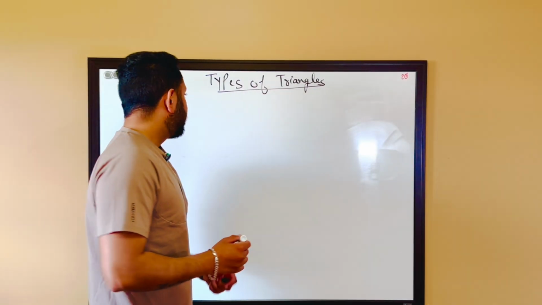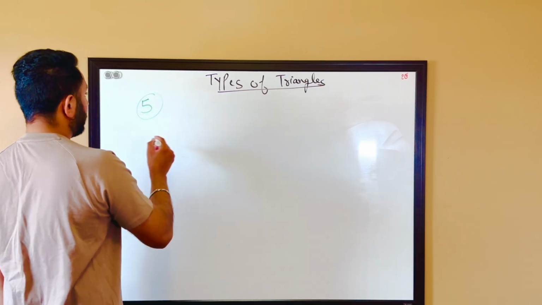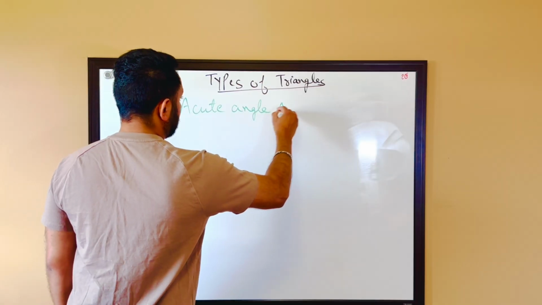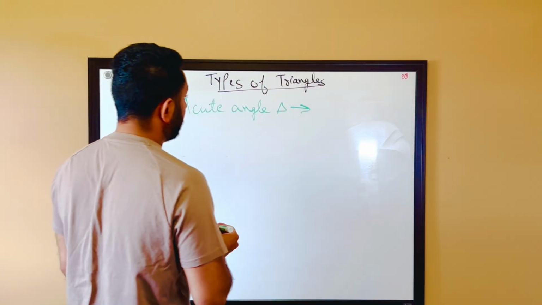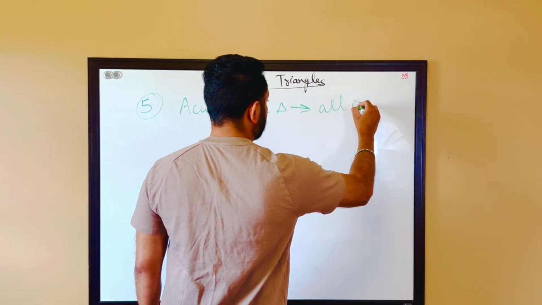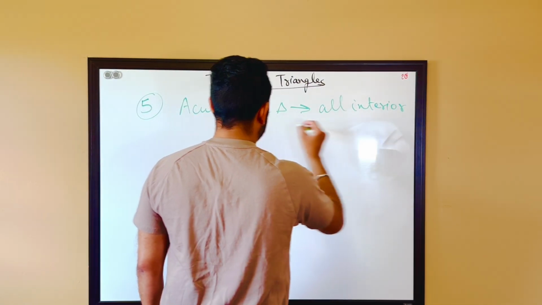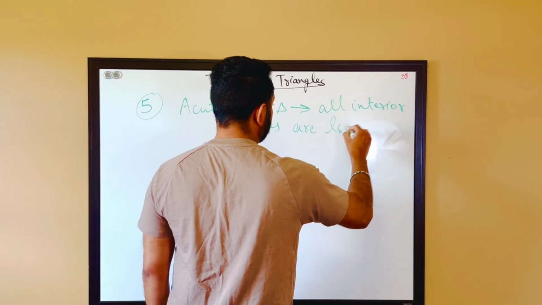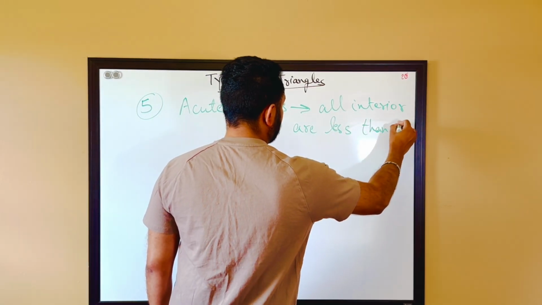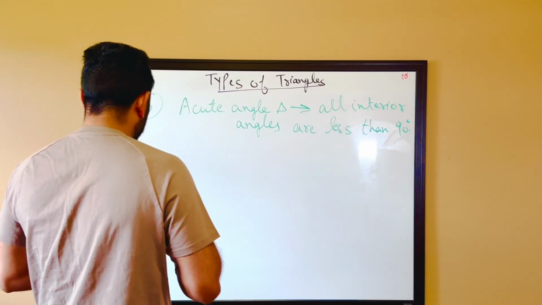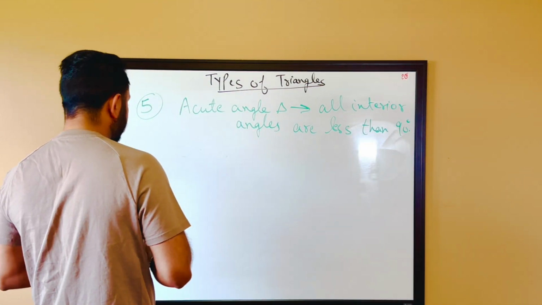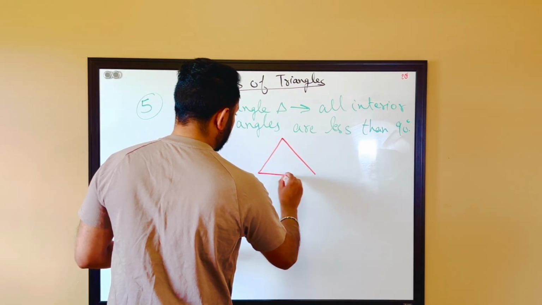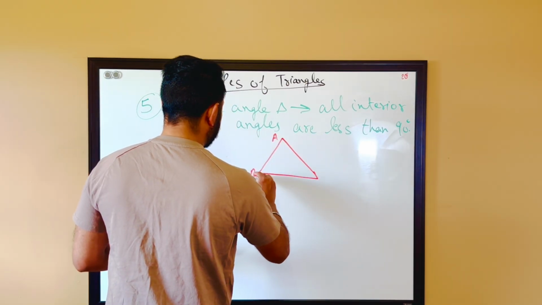So our next type, which is the fifth one, is the acute angle triangle. In an acute angle triangle, all the interior angles are less than 90 degrees. So let's draw the acute angle triangle ABC.